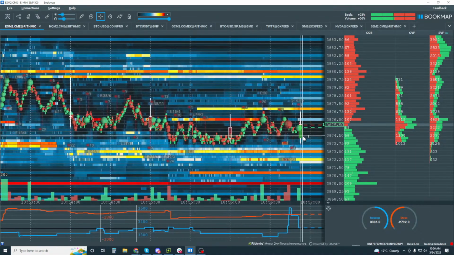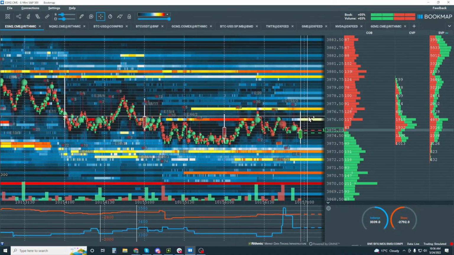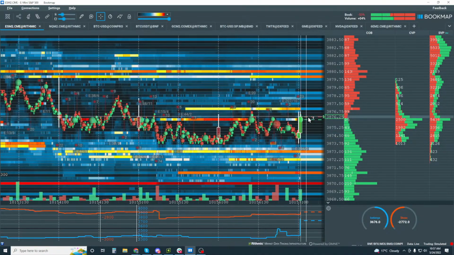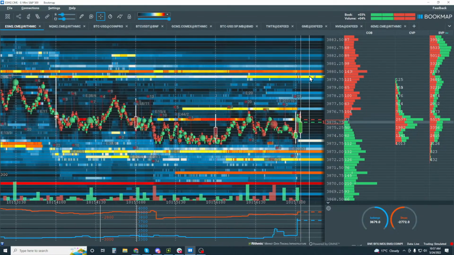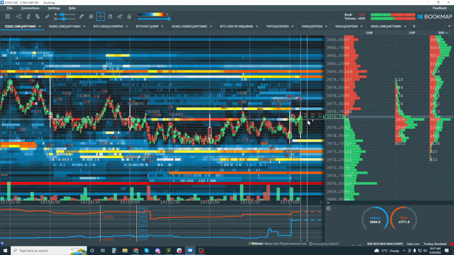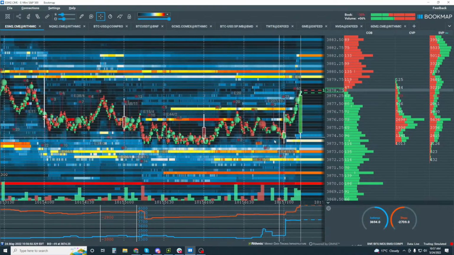Let's see it. Now, if we get our buyers back up here at 76, 76.5, then likely a nice move back up into 79, 80. Yeah, it looks like that's what's going to happen here, a squeeze up to 79, 80.